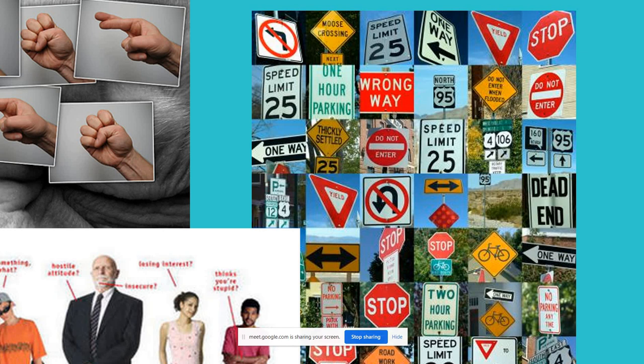Second one, I'm not able to. Crossing symbol. Speed limit 25. Ma'am, please zoom. Okay, I cannot zoom more than this. One way traffic, stop signal, speed limit 25, 1 hour parking, wrong way.